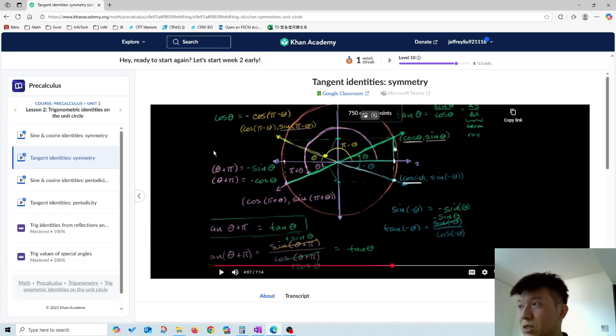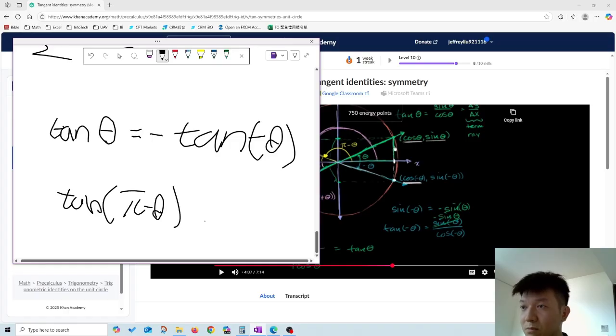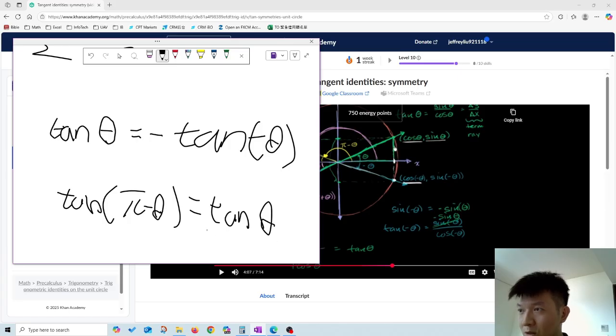So you still need a negative sign to equal this. We'll call this the first quadrant one, on your right, right? And you need a negative sign for your tangent of pi minus theta.